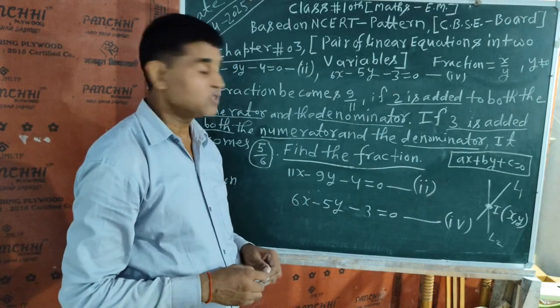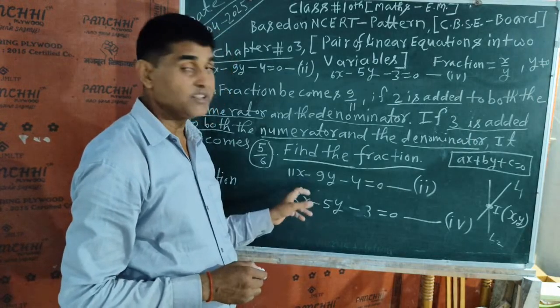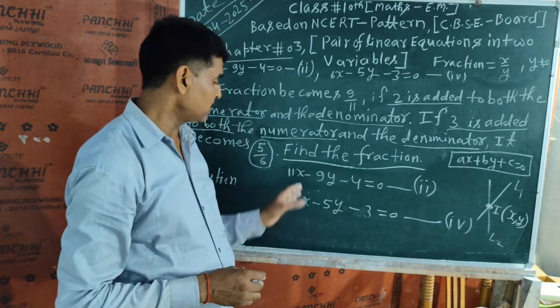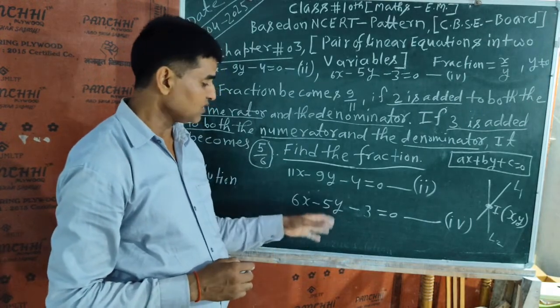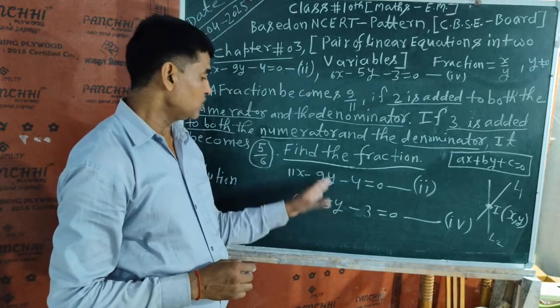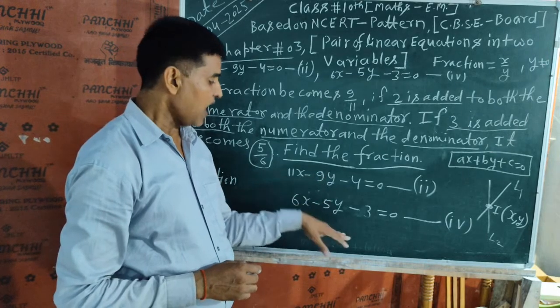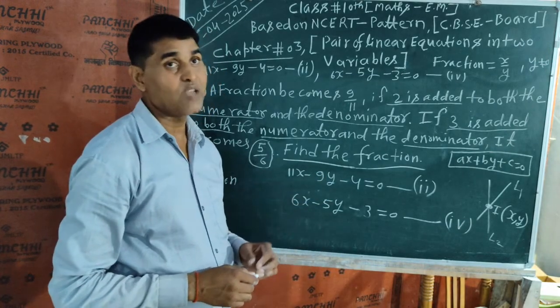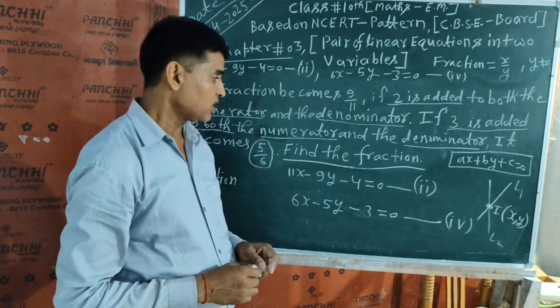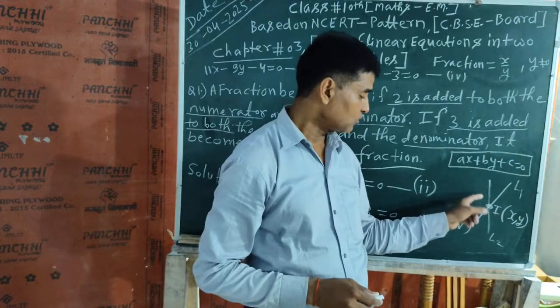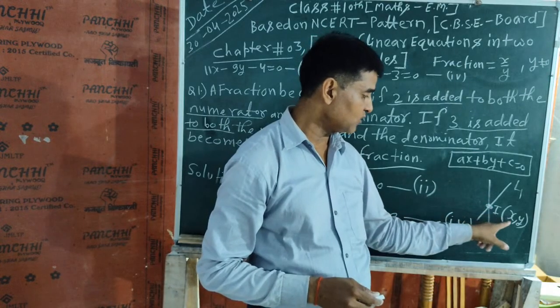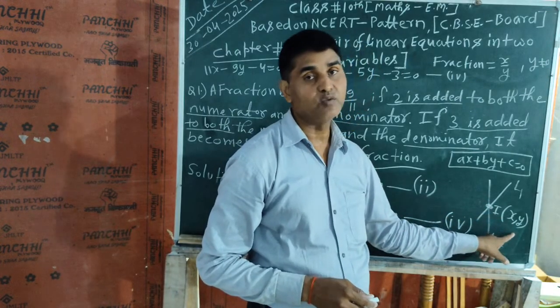So I will use the concept of the elimination method, and then we will eliminate the value of x, and then we will get the value of y. After getting the value of y, I will put the value of y in equation number 4. Then I will get the value of x. Okay students, so I will write here the coordinate point, the value of x, comma, the value of y.